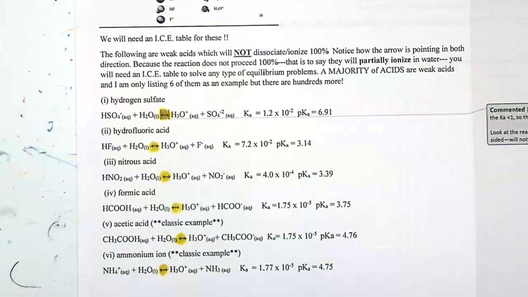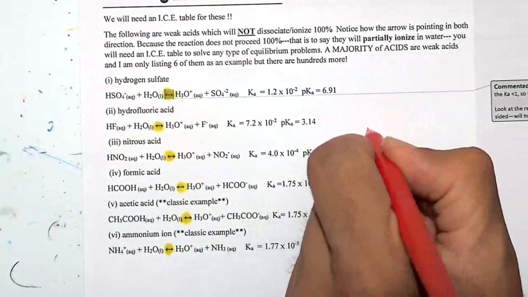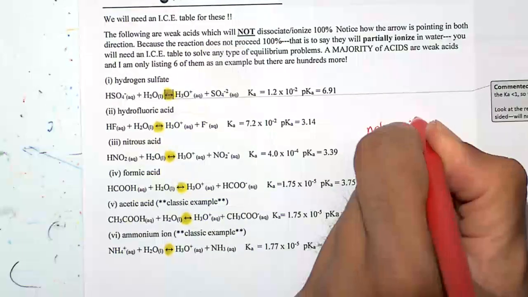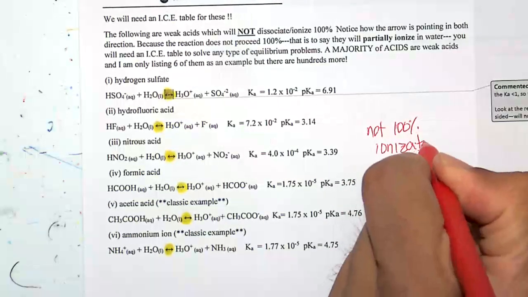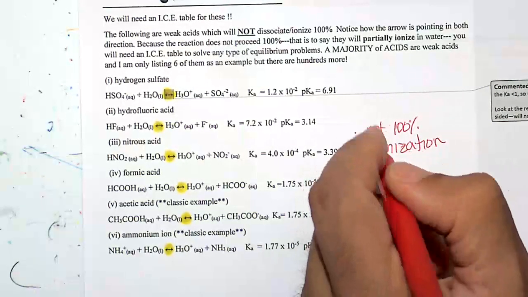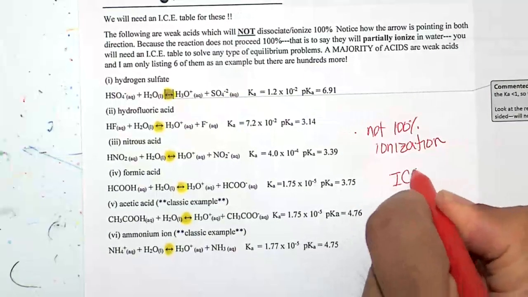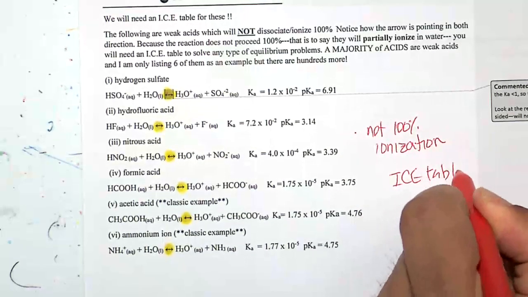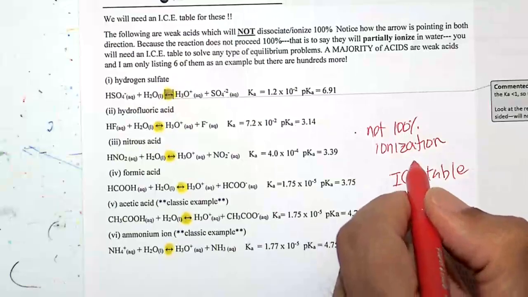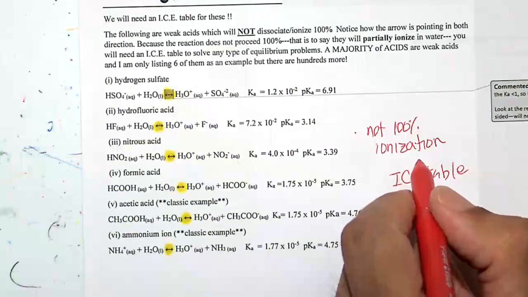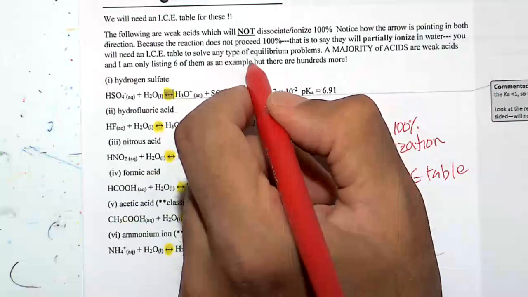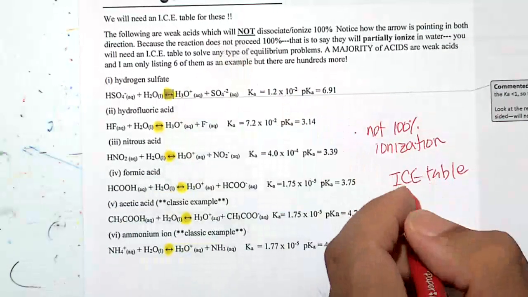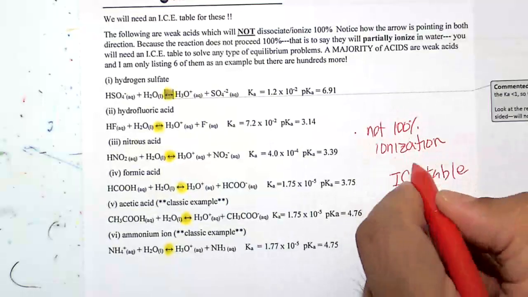So it's not 100% completion, it's not 100% ionization. That's number 1. Number 2, we have to use an ice table to get pH. We cannot plug it into the pH equation. Why is that? Because they're weak and it's not going to 100% completion. That's correct.